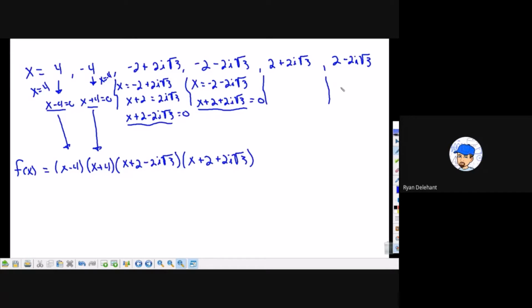I'm going to follow the same pattern for these. Only difference is to get this 2 over, it's going to be a minus this time instead of a plus. Let's actually write it out. So -2 minus 2i root 3. That's what's inside the parentheses.